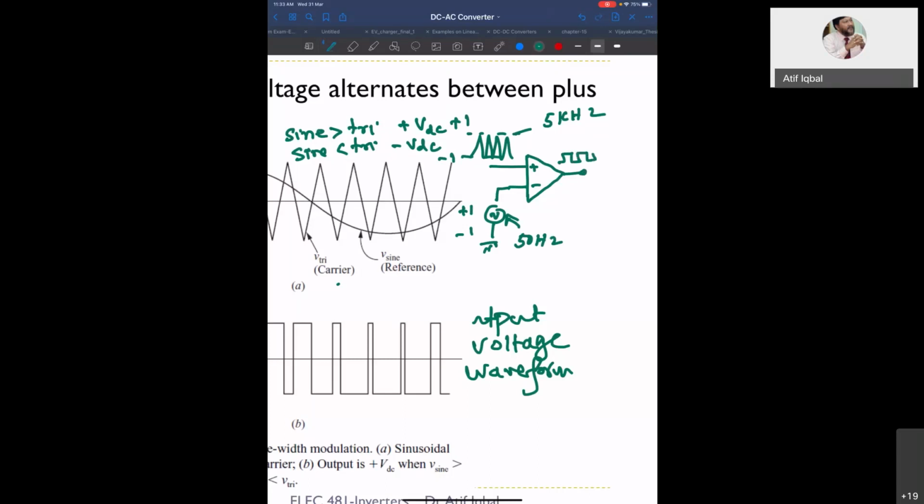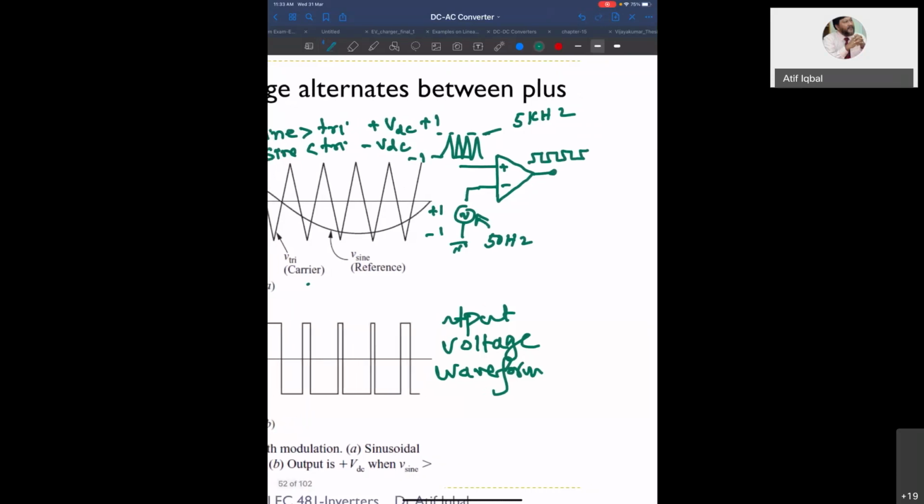Now what you get here is a waveform like this, by comparing the sine wave and the triangle wave. After certain amplification, you give this to the gate of the switch, the power switch.